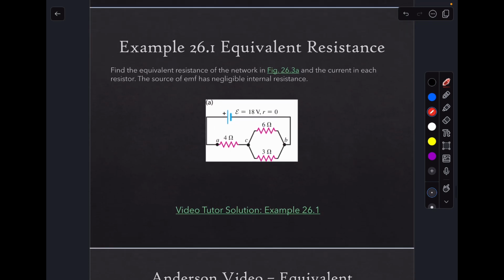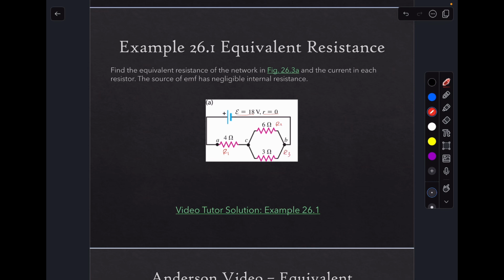So let's put those rules to use. In this example, we have a battery with no internal resistance and an EMF of 18 volts, connected to 3 resistors. Resistor 1 is in series with a parallel combination of resistor 2 and resistor 3.